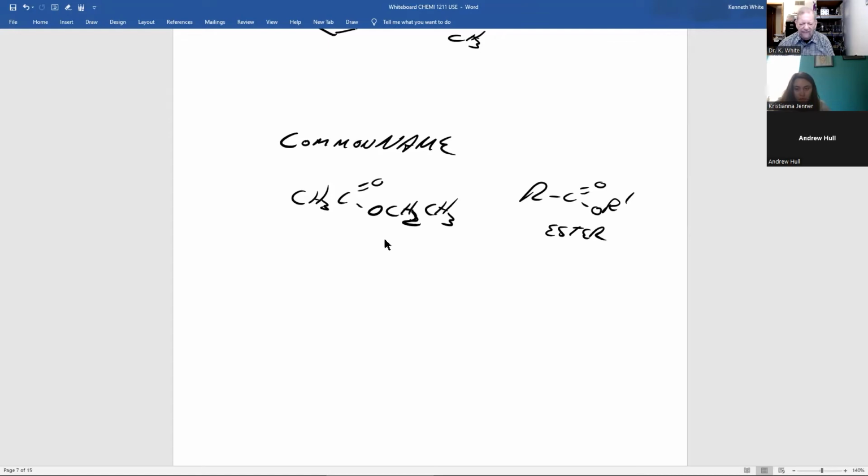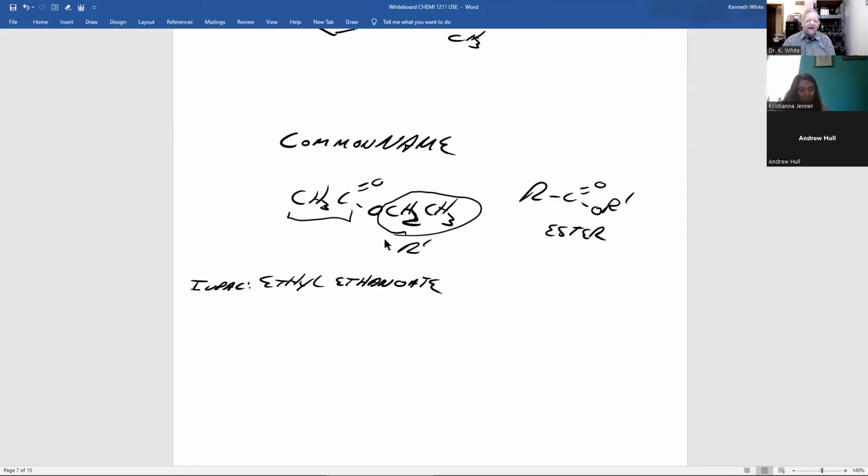Well, R prime is an ethyl group. And since I have two carbons here, I can call that ethane, but it's an ester, drop the E and add OATE. And this is the IUPAC name that nobody ever uses. Ethyl ethanoate. What's the common name that everybody uses for this ester?